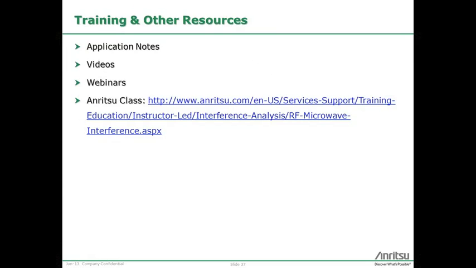Now, we have all kinds of resources available to help you do your job. Application notes, a bunch of videos, archived webinars such as this one, and classes on how to do interference hunting, how to use spectrum analyzers, and all kinds of other interesting topics. And there's a link there that you can go to see the interference analysis class.